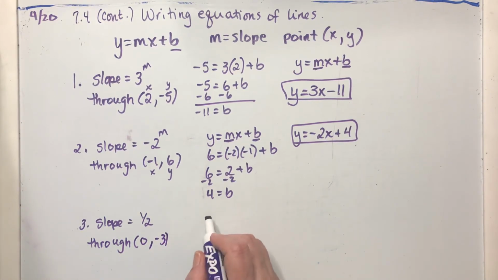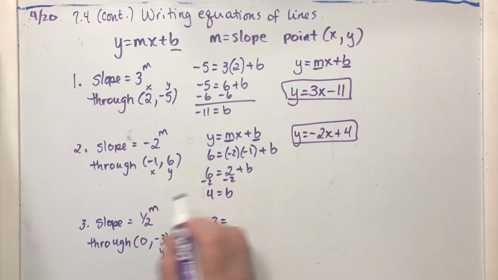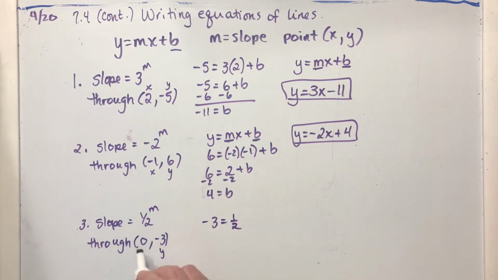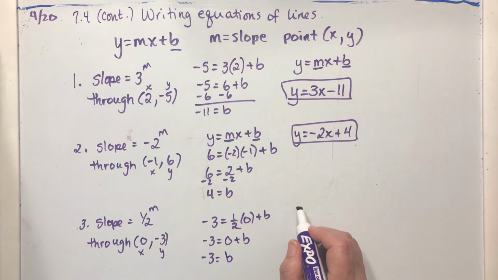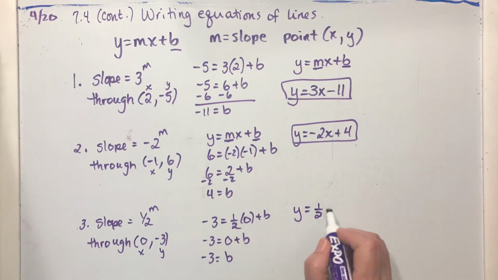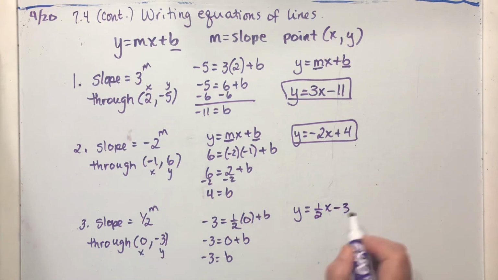So we're going to have y equals mx plus b, so our y is -3, our m is 1/2, x is 0, plus b, so that gives us -3 equals, well 1/2 of 0 is just 0, so we get -3 equals b. So now we're going to write our formula and only replace the m and the b. So we get y equals 1/2 x minus 3.